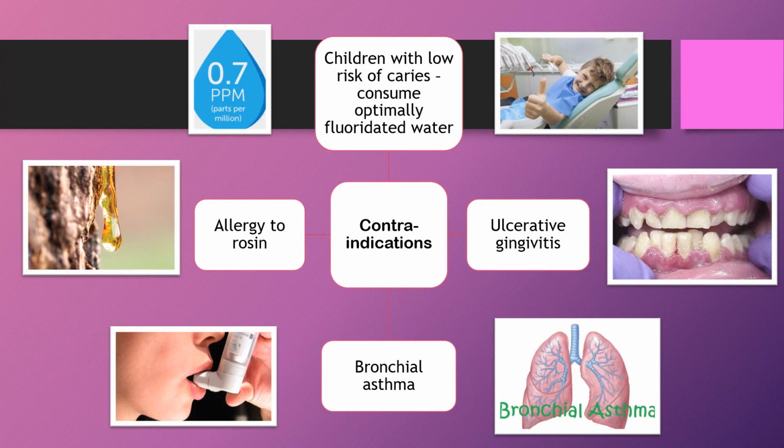The contraindications of fluoride varnish include children with low caries risk and populations where the consumption of fluoridated water is 0.7 ppm or less. It is also contraindicated in cases of ulcerative gingivitis, bronchial asthma, and allergy to rosin. So all these are situations where we will not apply fluoride varnish.